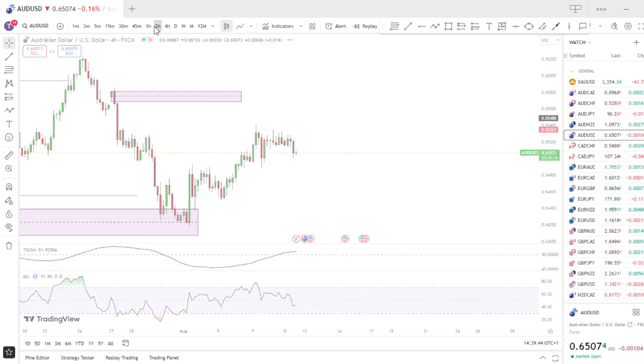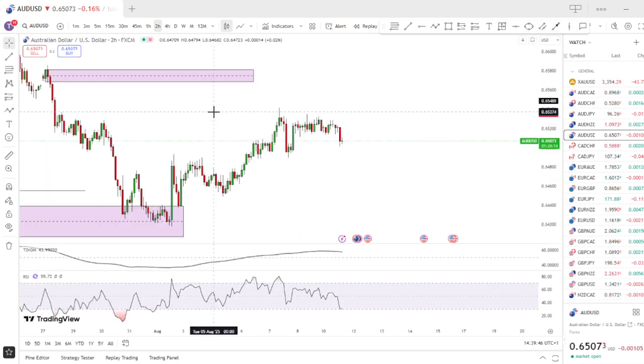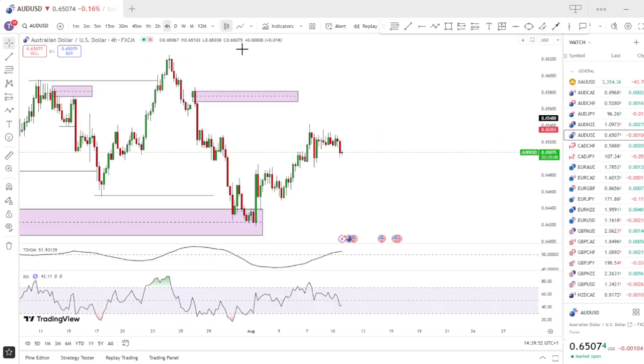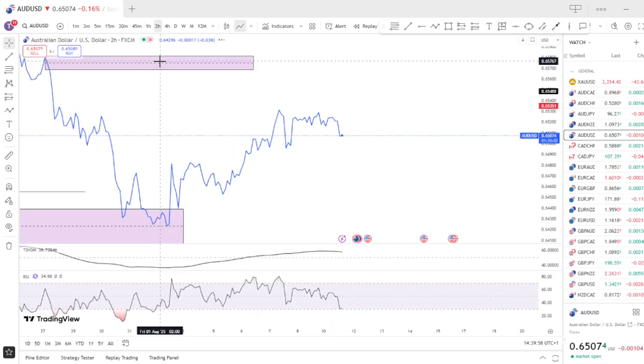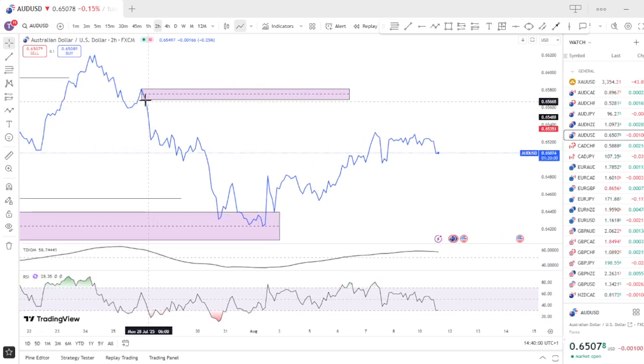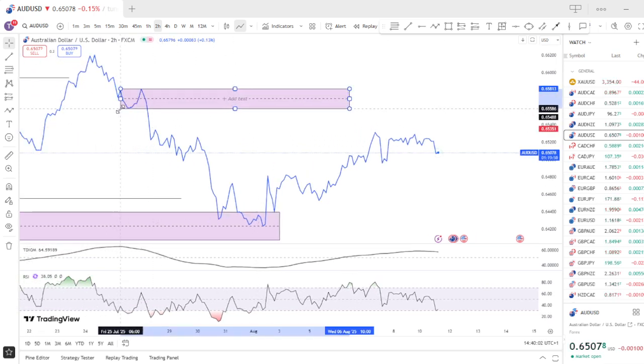I'm trying to spot where exactly this drop will possibly end before we get in for buys. I would still think that zone or region that we marked out ahead still looks to be something that can hold. Let me check on the 2 hour time frame quickly. Yeah, it does look like something that would hold. Possibly I'll just increase it to this for safety's sake.